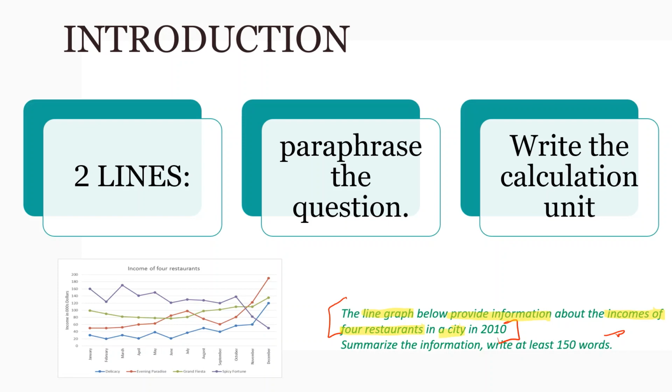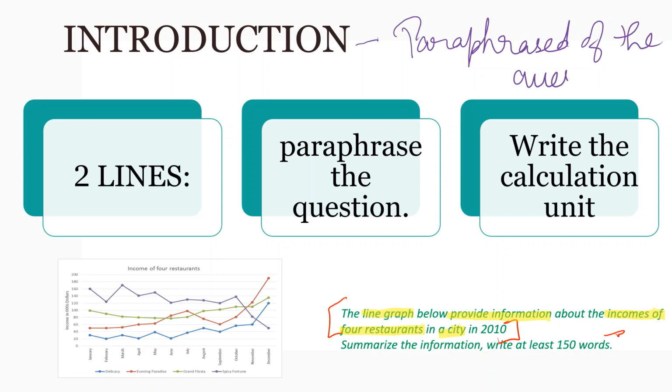Of course, we cannot get one for 2010. These are the words for which you need to find your synonyms. Whenever you write your introduction, it is nothing but the paraphrased version of the question. You just have to paraphrase the question and your introduction paragraph of 2 lines will be ready to go.